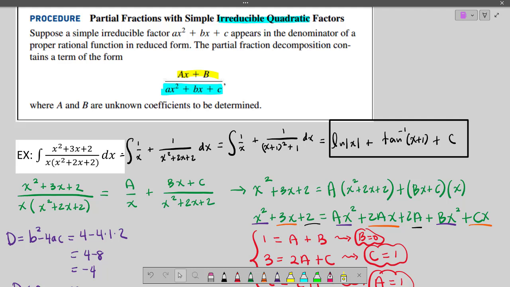So if there was a 2 up here, then we would have to come down here and have a dx plus e over x squared plus 2x plus 2 squared.